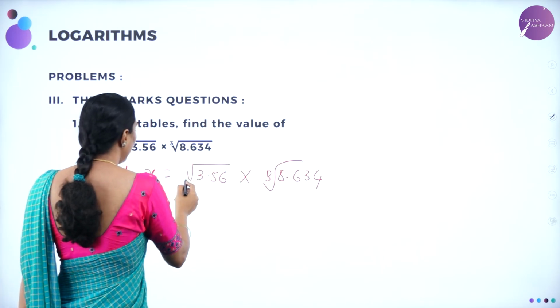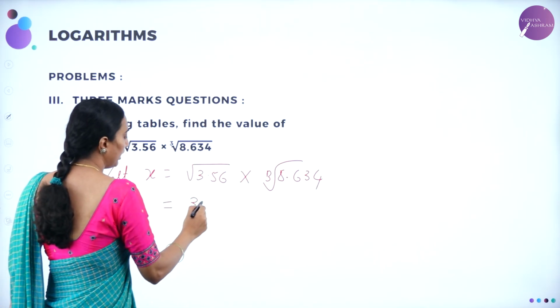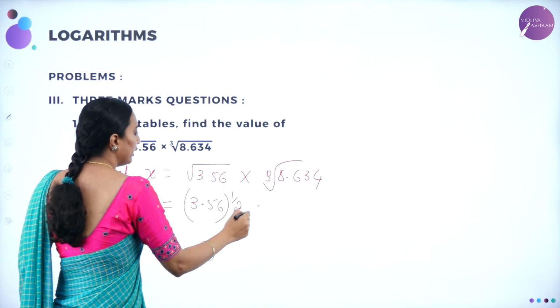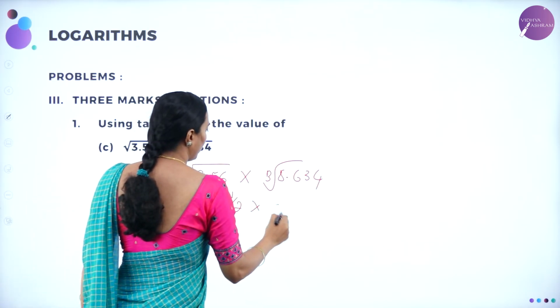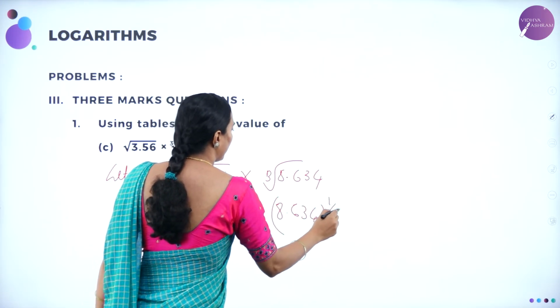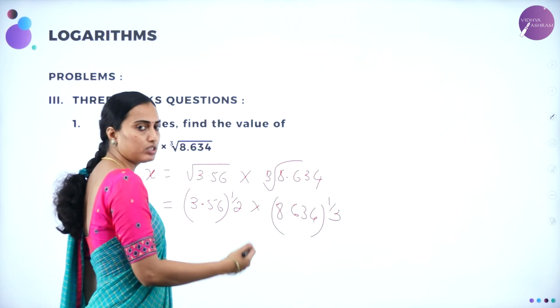Correct? Therefore, here square root I can write as 3.56 to the power of 1 by 2 into cube root of 8.634 to the power of 1 by 3. Correct? Cube root is 1 by 3.